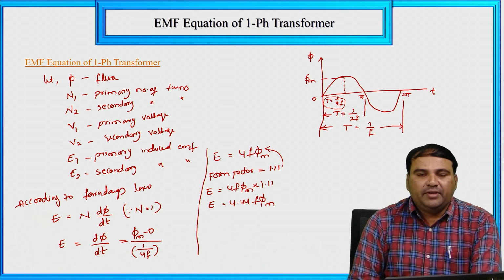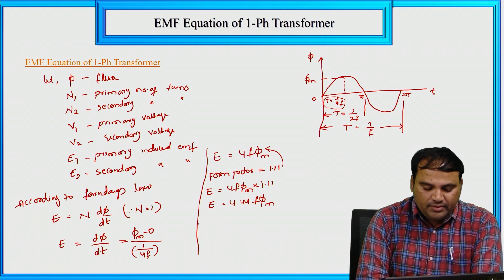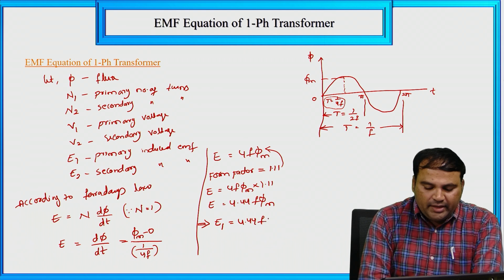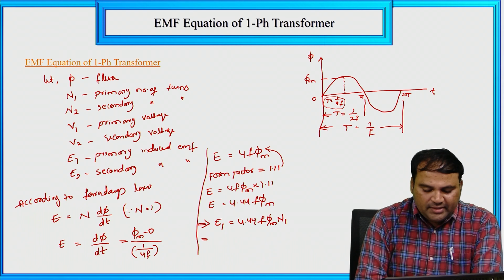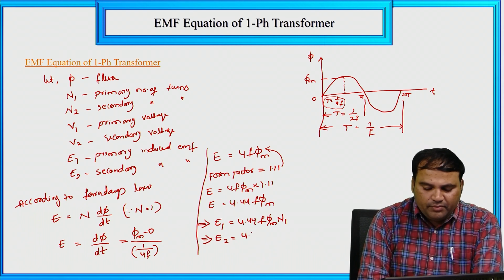Suppose you need to find the primary induced EMF, the EMF equation is E1 equal to 4.44 f phi m N1. This is the primary induced EMF. For the secondary induced EMF, E2 is equal to 4.44 f phi m N2.